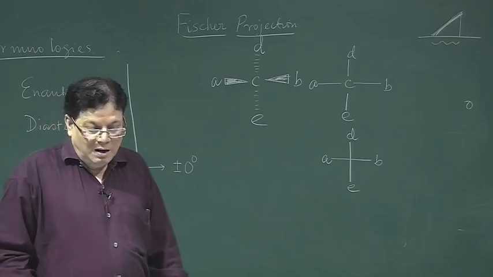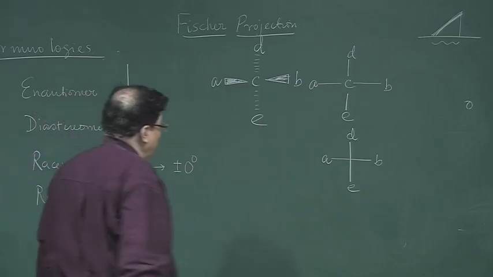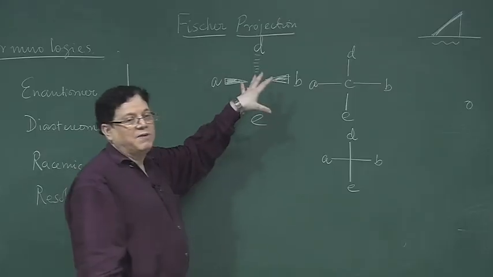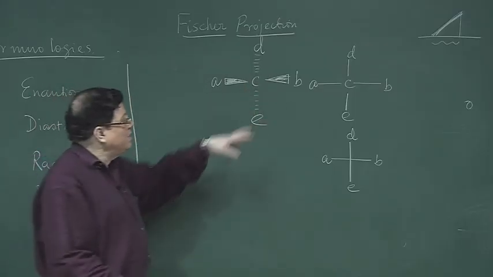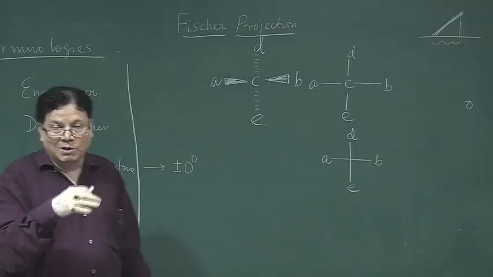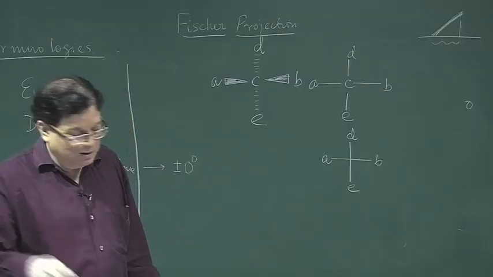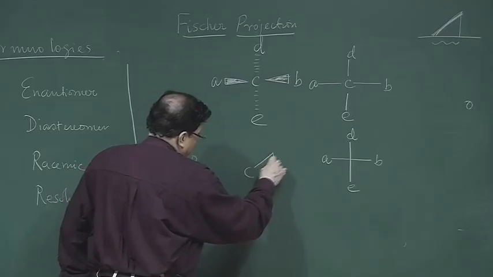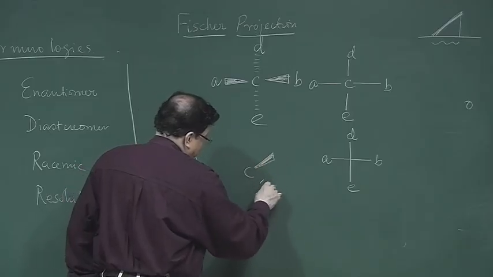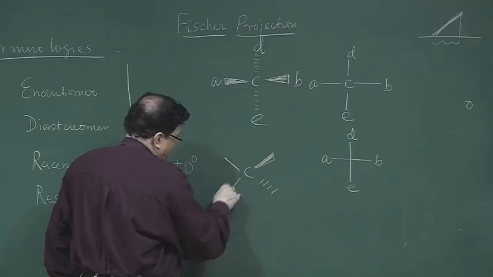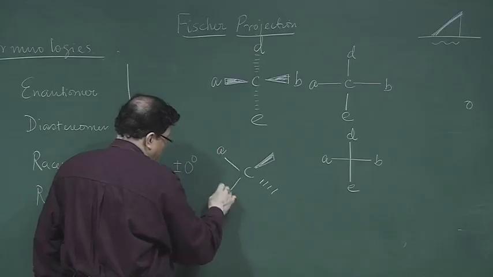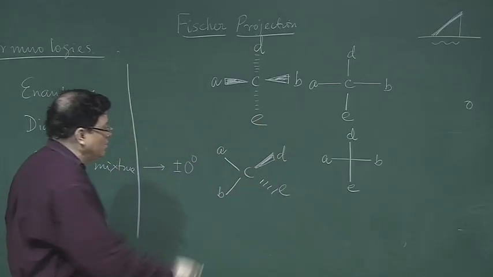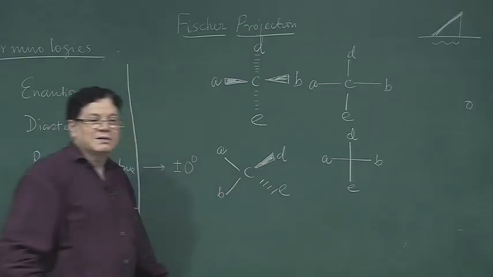Okay. Now, the problem is that the molecule will not always be drawn in this fashion. The molecule can be drawn, as I said, in various fashions in the Wedge perspective formula. So, if a molecule is drawn like this, suppose this is beta, this is alpha, and these two bonds are in the plane of the board, and I ask you to draw the Fischer projection formula of this.